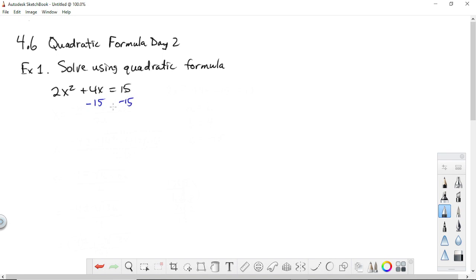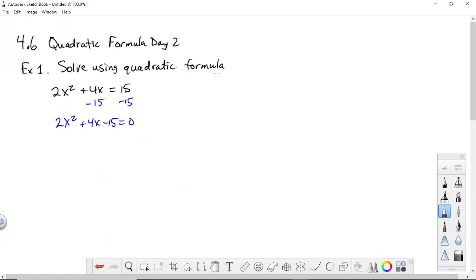Let's rewrite it down here so we have a little more room: 2x squared plus 4x minus 15 equals 0.